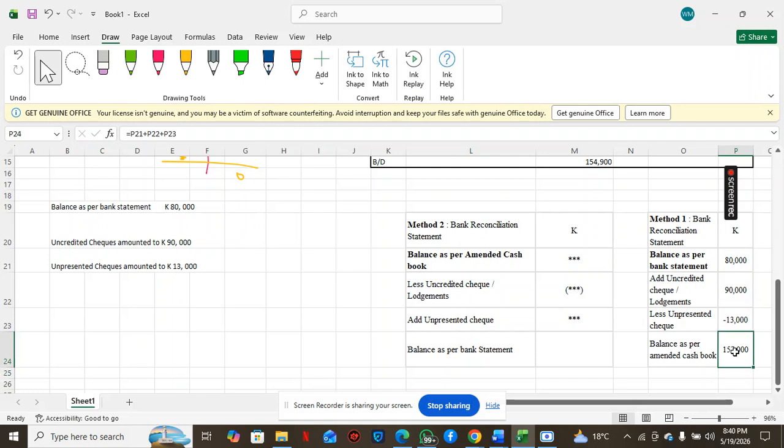So when you're using this method where you start with the balance of the bank statement, your ending balance should be the same as the balance of the amended cash book.